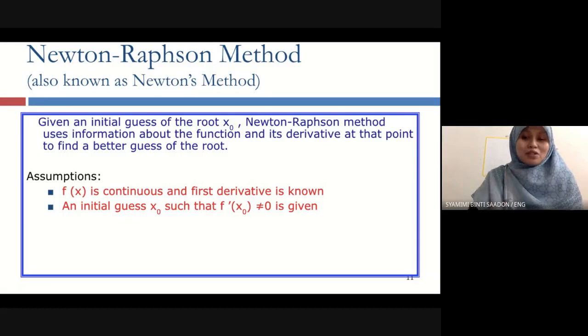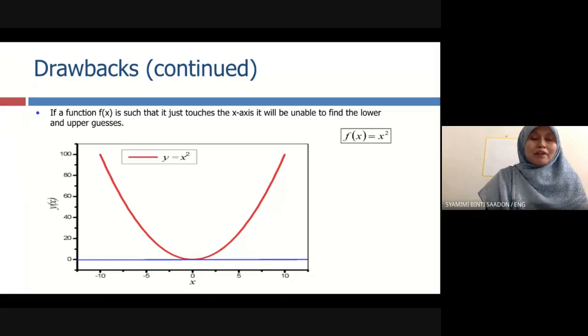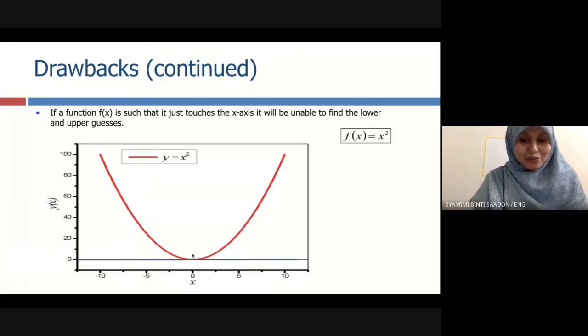Why? Because we want to avoid this one. If f prime of x0, the initial x0, is 0, which is at this point, the tangent to this function is horizontal.